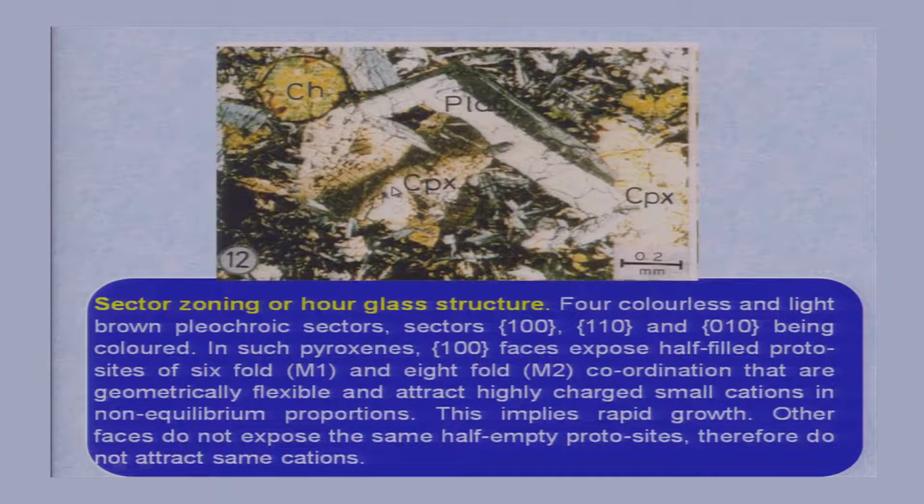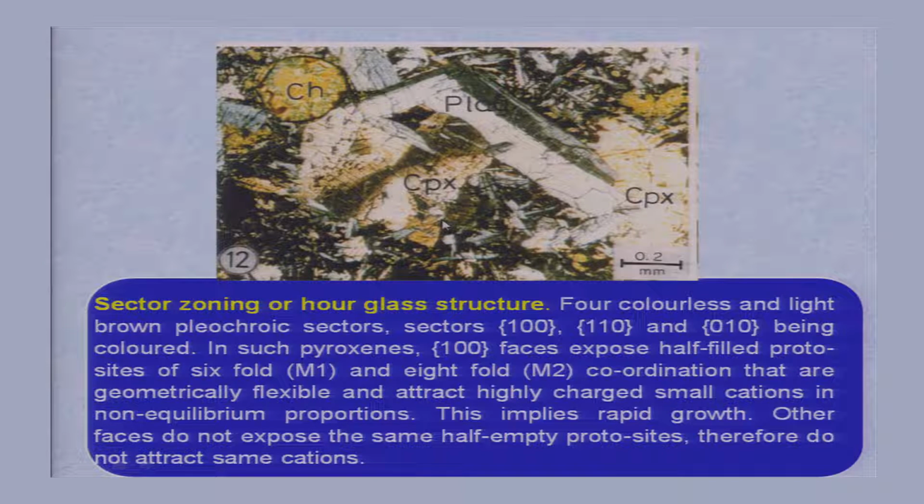In such pyroxene, the faces expose half-filled protosites of 6-fold M1 and 8-fold M2 coordination that are geometrically flexible and attract highly charged small cations in non-equilibrium proportions. This implies rapid growth.